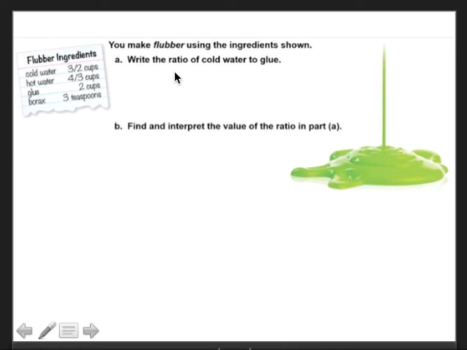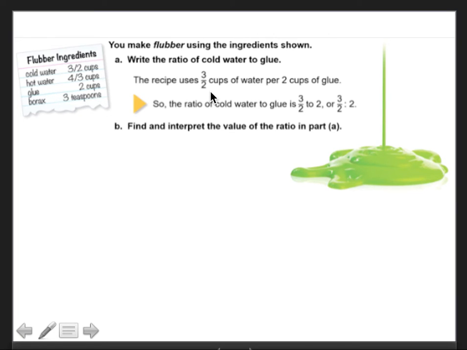Okay, so using this, what is the ratio of cold water to glue? So if we look over here, cold water was 3/2 cups for every 2 cups glue. So that's my ratio, 3/2 to 2. Notice that's right there.